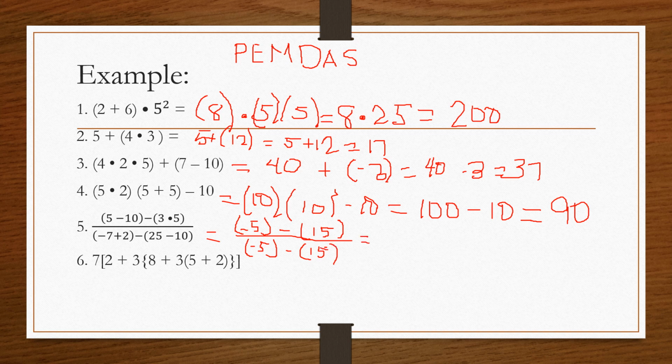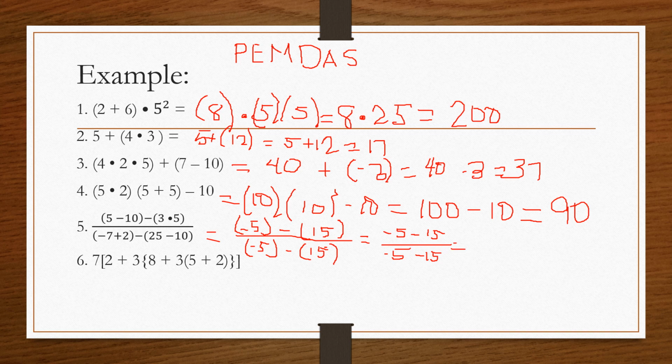So, if we're going to rewrite that, that will become negative 5 minus 15 over negative 5 minus 15. Okay? So, the same now.